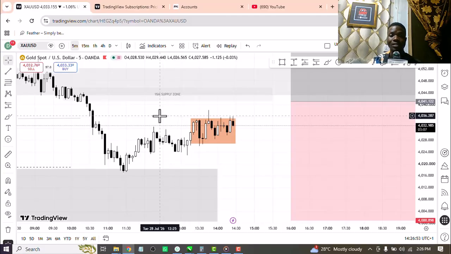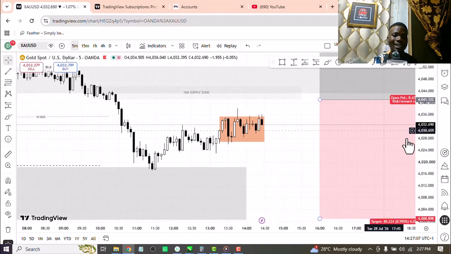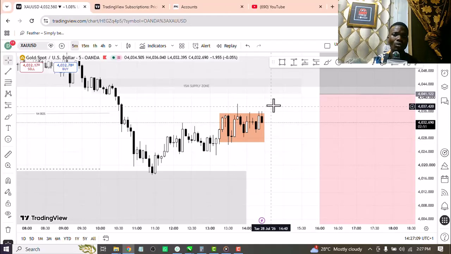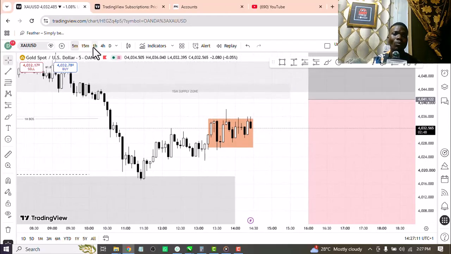My mentor usually says that whatever happens on the higher time frame must have first happened in the lower time frame, and that is what top-down analysis is all about. So if I want to trade the 1 hour time frame, I must ensure I actually catch the movement, because the movement is going to start at the lower time frame.